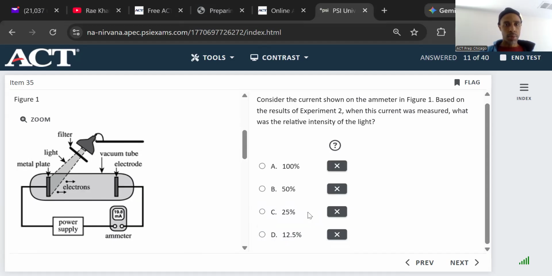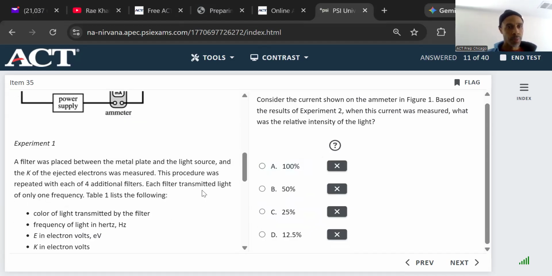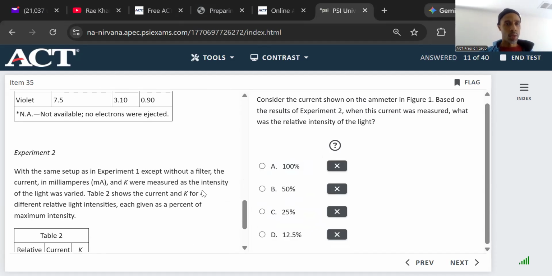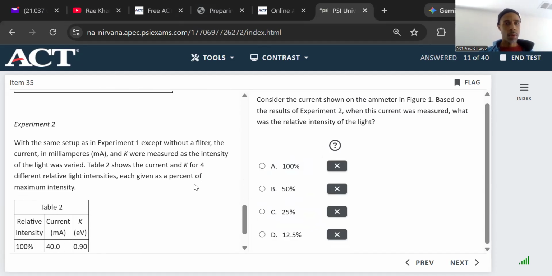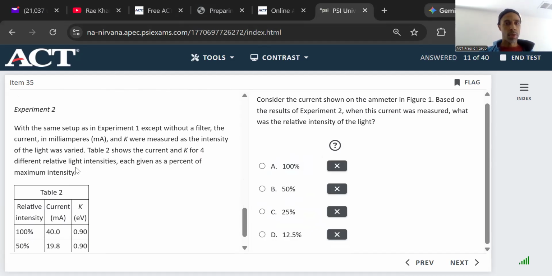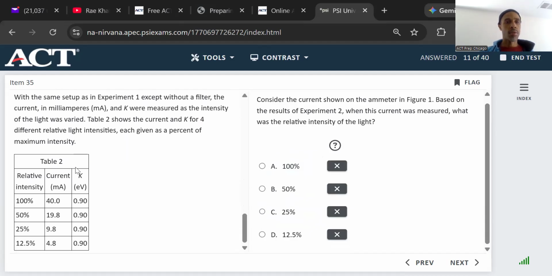Was it 12.5%, 25%, 50%, 100%? Experiment 2, with the same setup as experiment 1 except without a filter, the current and K were measured as the intensity of light was varied. Table 2 shows the current and K for 4 different relative intensities. Oh, here are the relative intensities here. Duh. So you've got to use your answer choices.